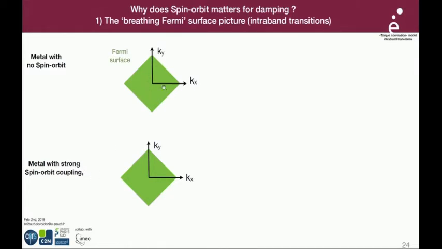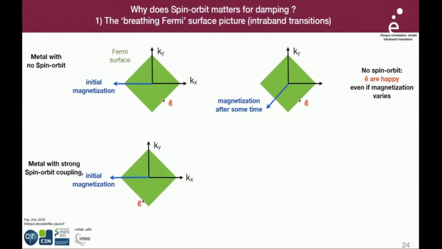So we look at the Fermi surface. We put electrons at the Fermi surface and some initial magnetization. Then imagine you excite a spin wave, so magnetization varies in time. If magnetization varies in time and the metal has no spin-orbit coupling, there's nothing specific happening for the Fermi surface.